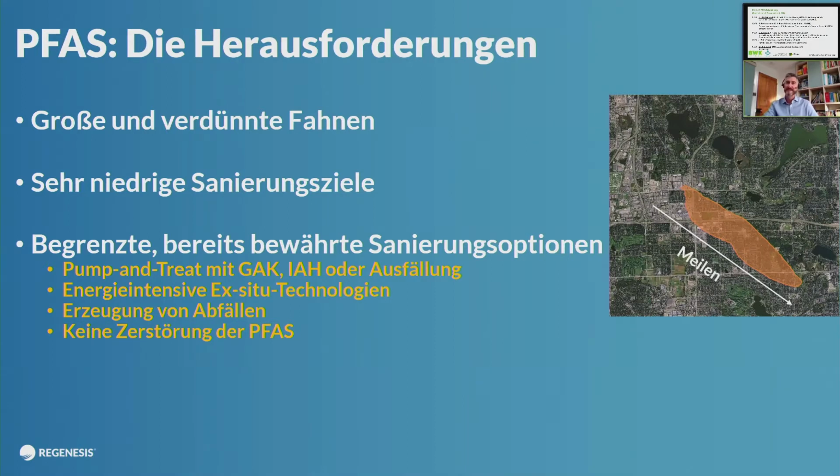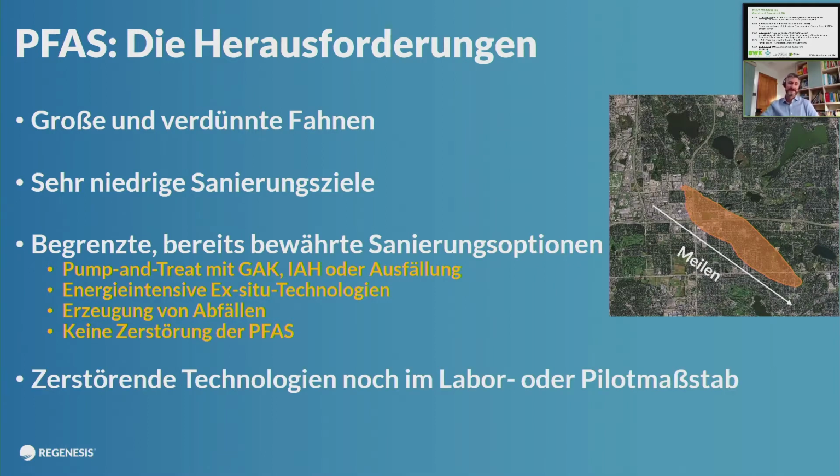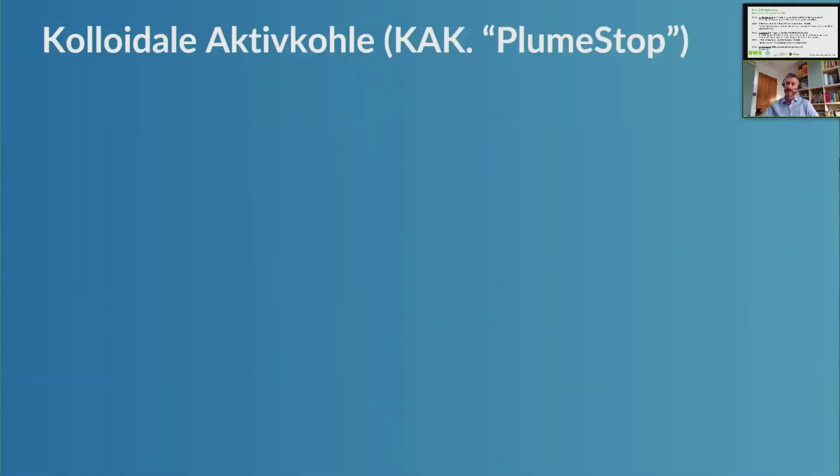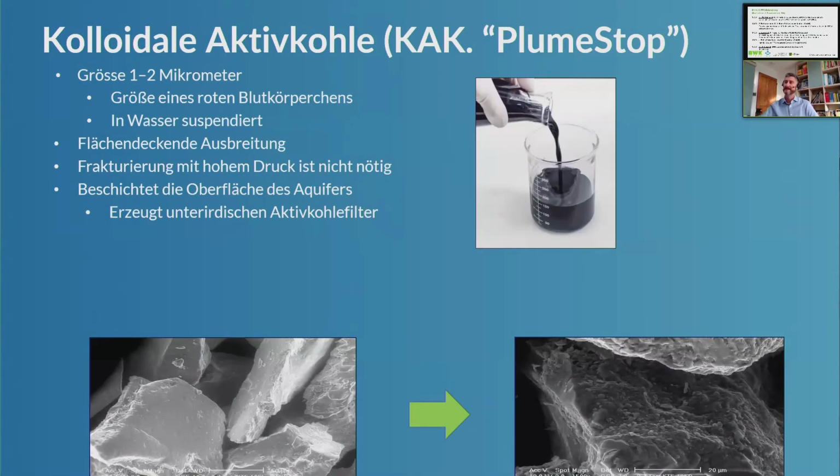At the moment, a lot of the time when you're looking at treating a plume, you're looking at pump and treat, and then you're filtering on the surface, and then taking that for either destruction, which is being developed, or to landfill. There are in situ destructive techniques being developed, but a lot of those are in lab or pilot scale at the moment. So I want to show you an option for remediation that exists at the moment.